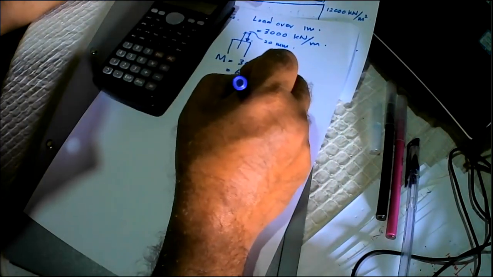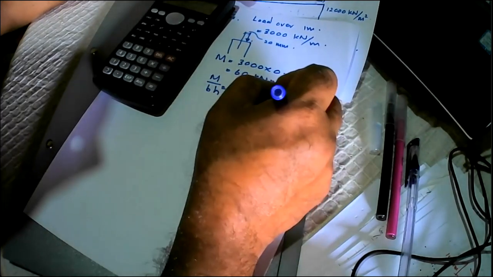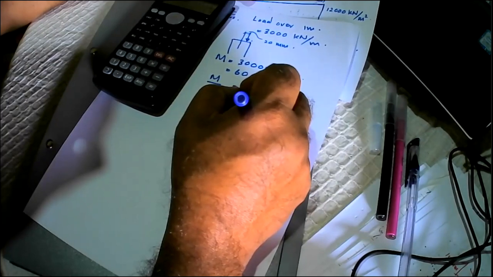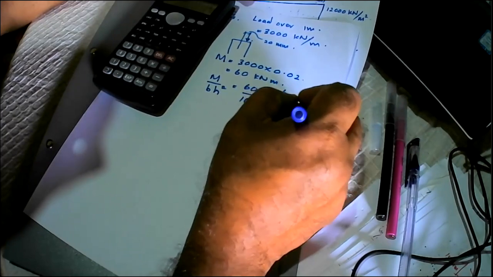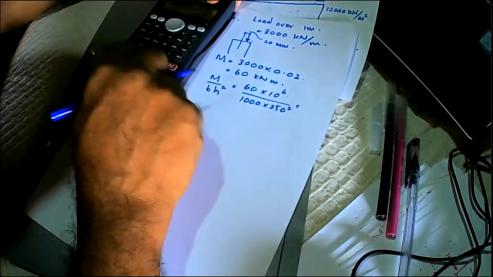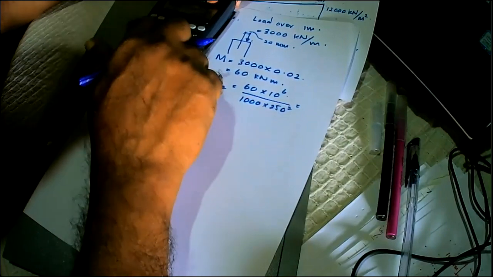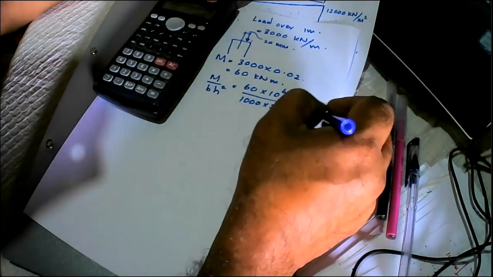And here M over BH squared is the out of plane moment, 60 into 10 to the power 6 divided by 1000 by 250 squared. So that is the width of the wall. So you get 60 divided by 250 squared. That's 0.96.